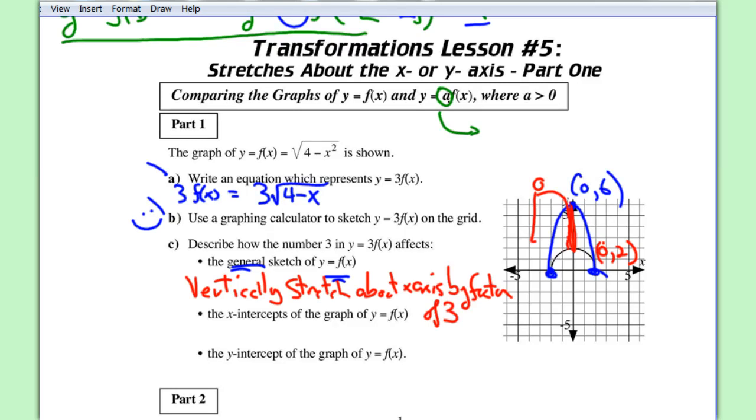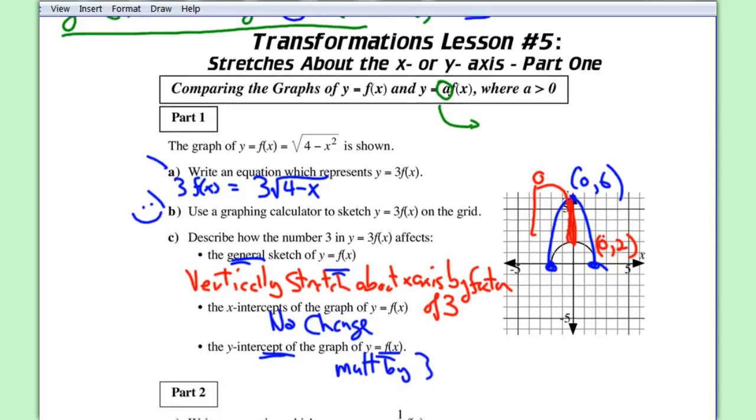The x-intercepts of the graph stayed the same. You might call them invariant. There was no change in the x-intercepts. And the y-intercept of this graph was clearly multiplied by 3. It was 3 times bigger than it used to be.